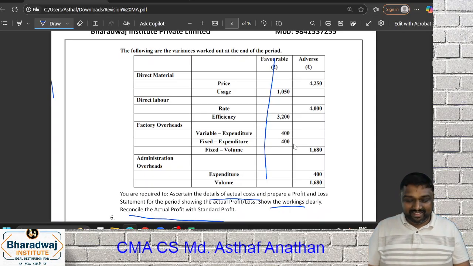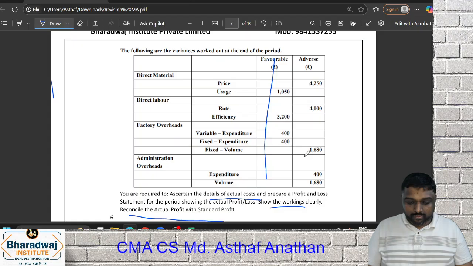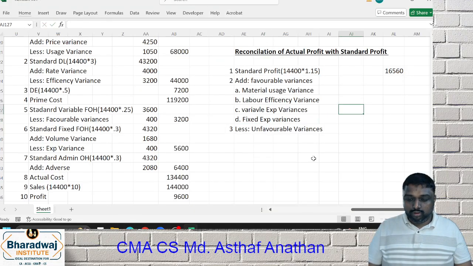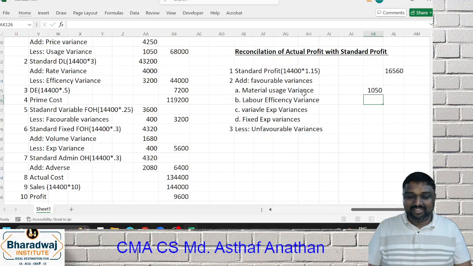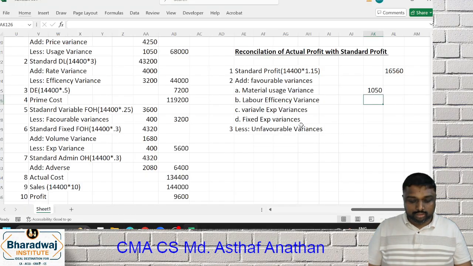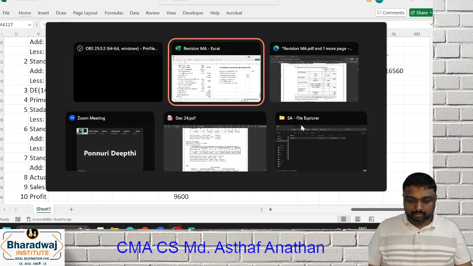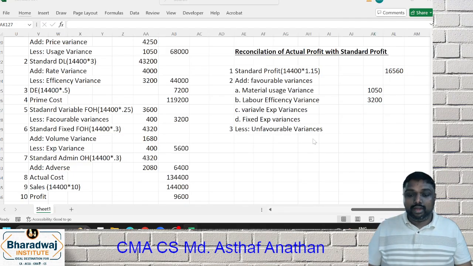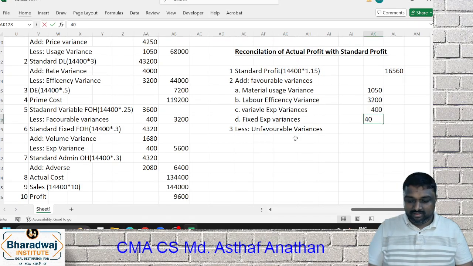Fixed expenditure variance. Anything else? No. So you have to enter all the amounts. Material usage is 1050. What is the efficiency? 3200. Variable expenditure variance, both are 400. So you have to take all total.